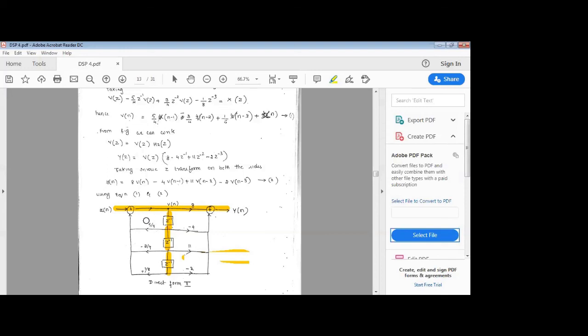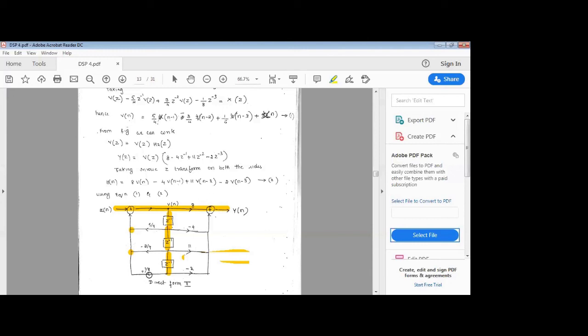So 5 by 4 goes into the summing point. I can write a summing point here, and here, and here also. It is 5 by 4 into v of n minus 1, then minus 3 by 4 into v of n minus 2, then plus 1 by 8 into v of n minus 3. That is with respect to the first expression.